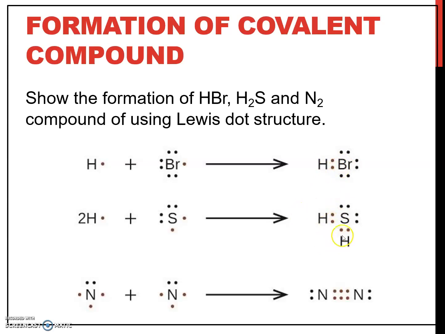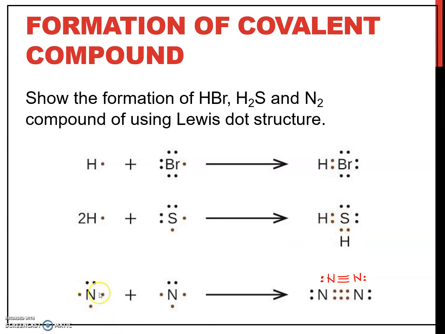Same for this example, each sulfur and hydrogen share electron to form covalent compound. So sulfur atom will share one electron for each hydrogen atom.